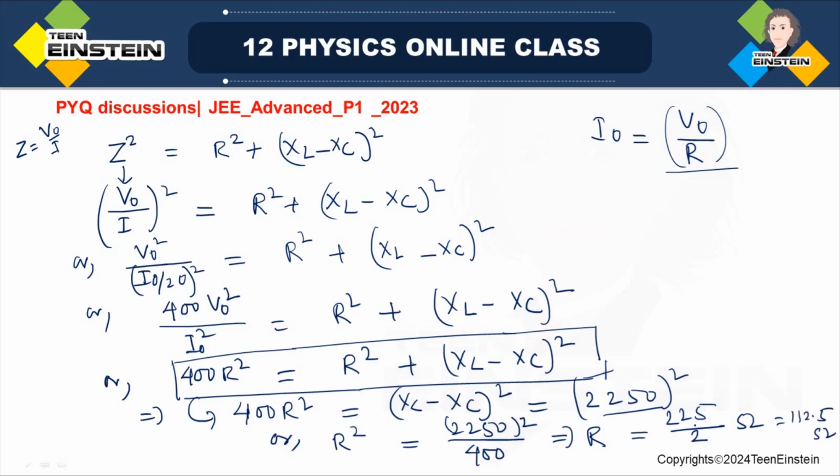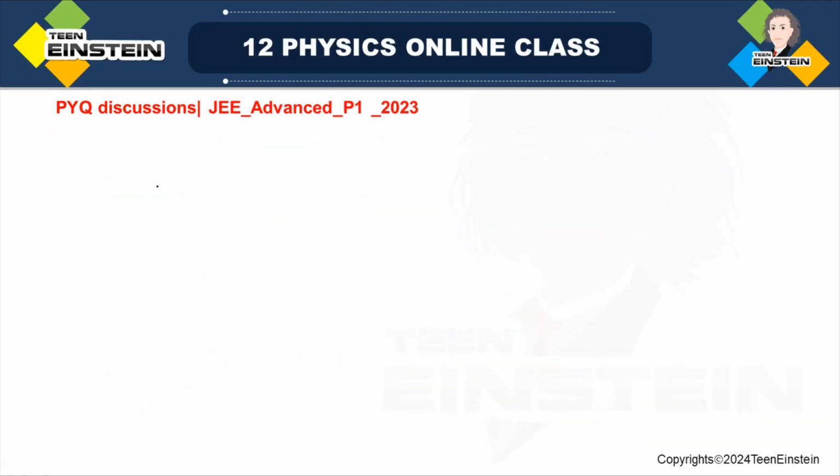Alright, now things are easy. Once I have found out the resistance of the circuit, now I0 will be V0 by R. V0 is given as 45, and this is 225 divided by 2, so it will be 45 divided by 225 into this.